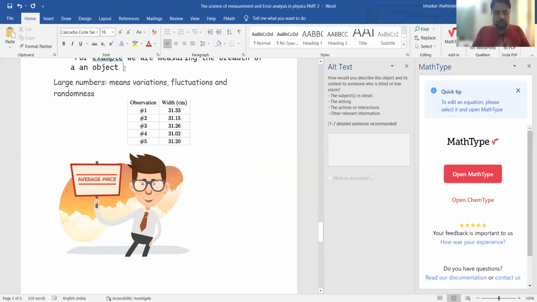Now, with this chart, what can you say? What is the value of the width? That we need to know. A set of 5 measurements have been taken.